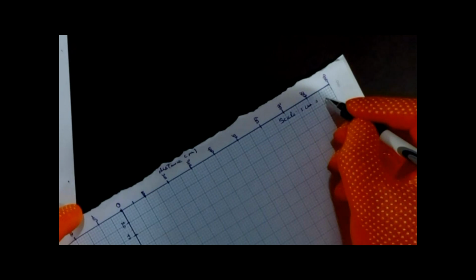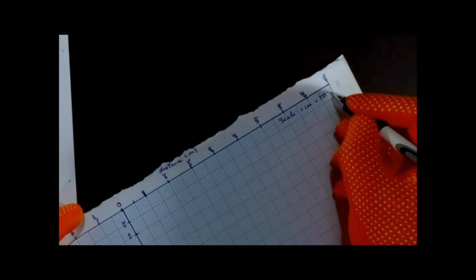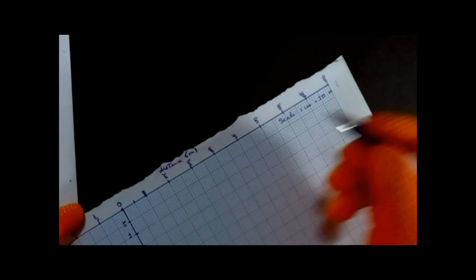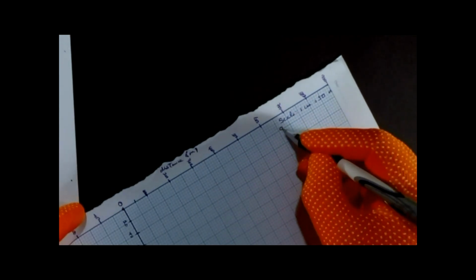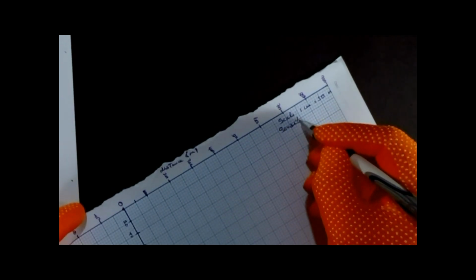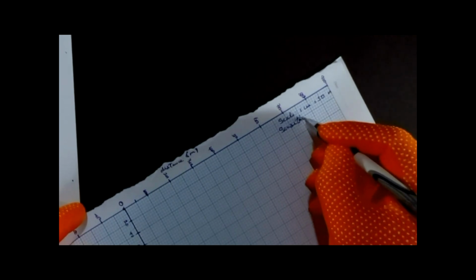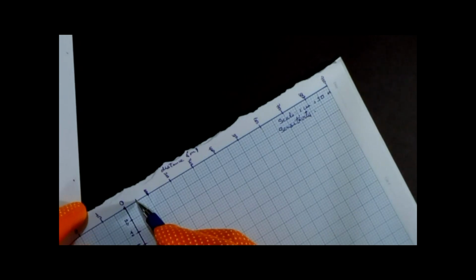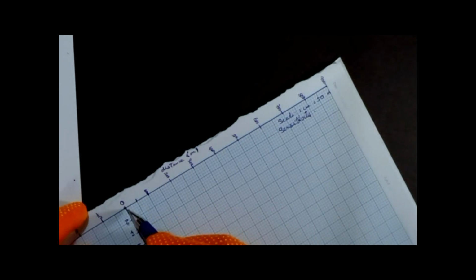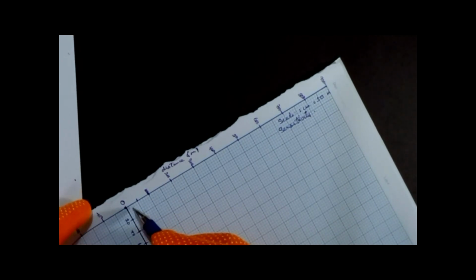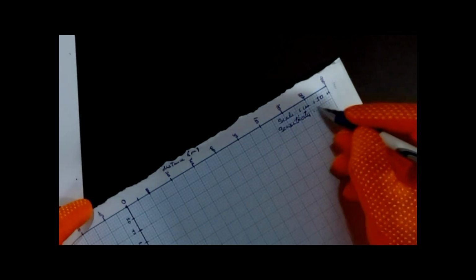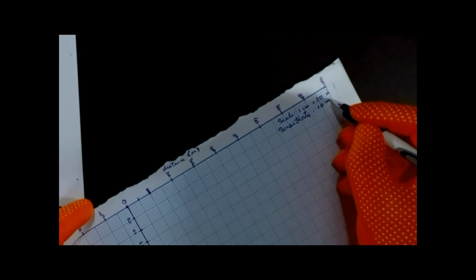So 1 centimeter would be 50 meters. And the sensitivity from here to here is 50, and you have 5 little divisions here. So one of those smallest divisions would be 50 divided by 5, which would be 10 meters.